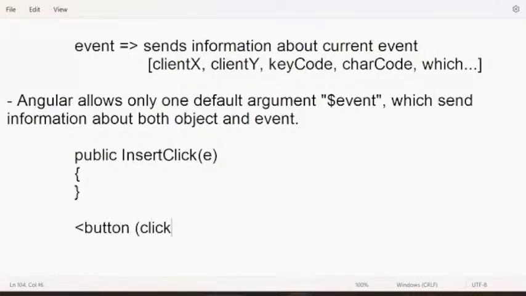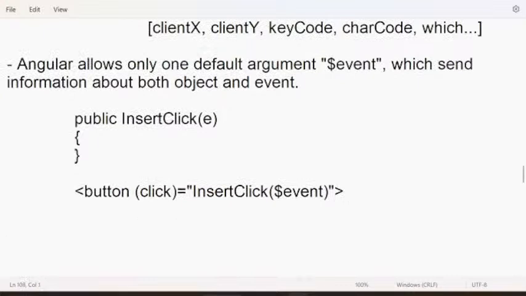Button has a click, and in that it is pointing towards insertClick. And what is the default argument you can pass? $event. This $event sends information about the button and information about the event.